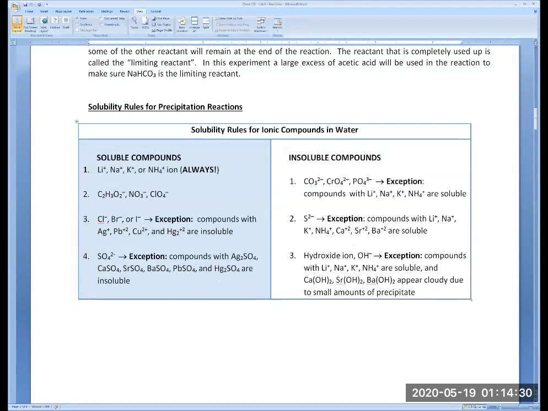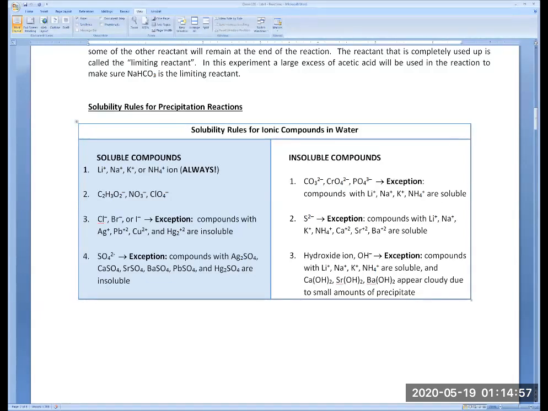When you have, case number 2, when you have the acetate, C2H3O2 negative 1 is the acetate ion. It's a polyatomic ion. When you have the nitrate, NO3 negative 1 is the nitrate. Or when you have the, let me verify the name of this one. Don't know it by heart.